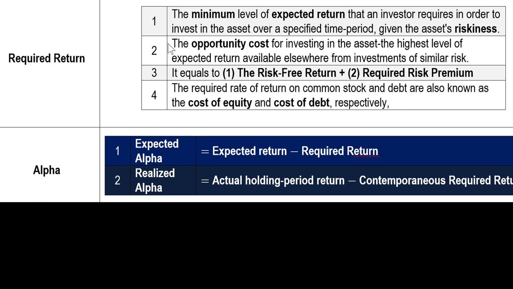Therefore, the required return is a risk-adjusted return. The expected return is a probability weighted anticipated return. The required return is a risk-adjusted return required by the investor.